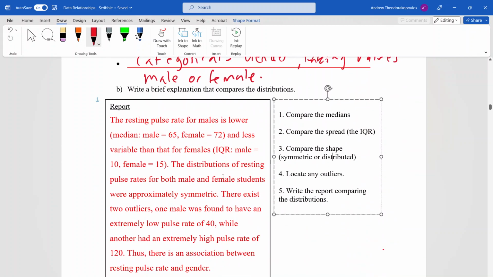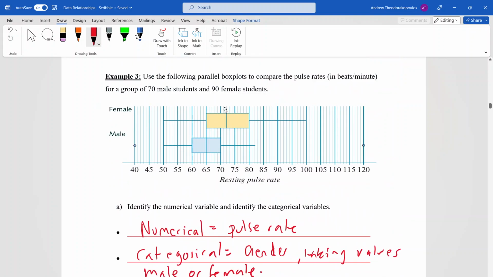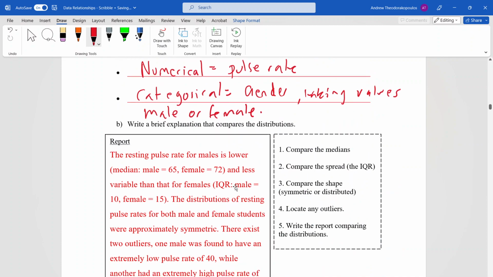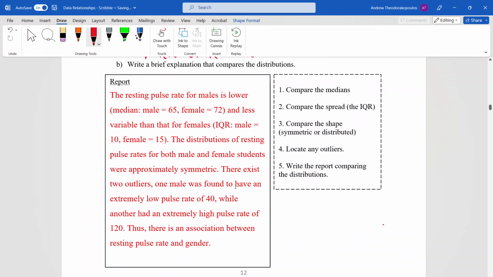So in this case, we can see that the distributions of resting pulse rates for both males and females were approximately symmetric. You can see that this line here is in the middle of the box, and that the whisker for both of these box plots is roughly the same. So therefore they're both approximately symmetric.